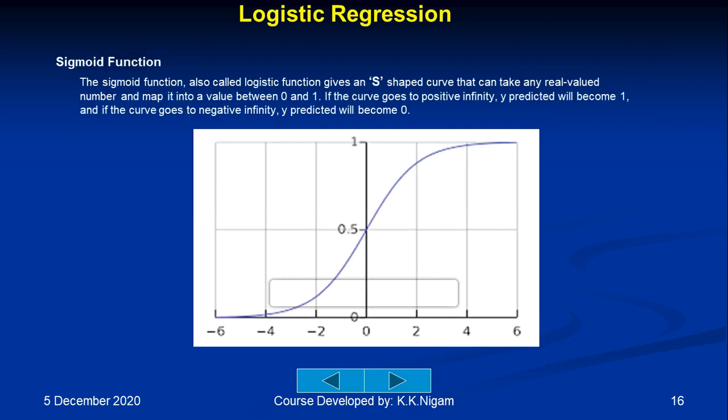Sigmoid function. The sigmoid function, also called the logistic function, gives an S-shaped curve that can take any real valued number and map it into a value between 0 and 1. If the curve goes to positive infinity, y predicted will become 1, and if the curve goes to negative infinity, y predicted will become 0.